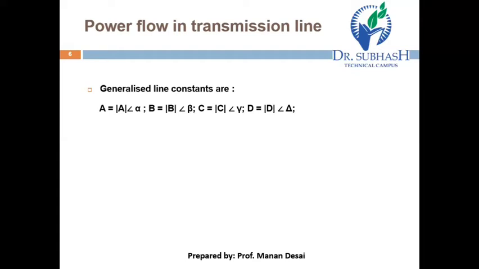Now, power flow in the transmission line has generalized constants, which are the ABCD parameters. Now they have some angles: A is alpha, the attenuation constant, B is beta, the phase constant, C is the propagation constant, and D is delta, the load angle constant.